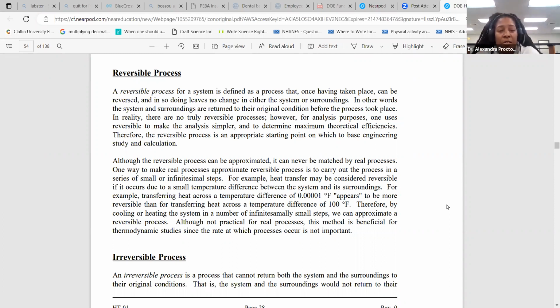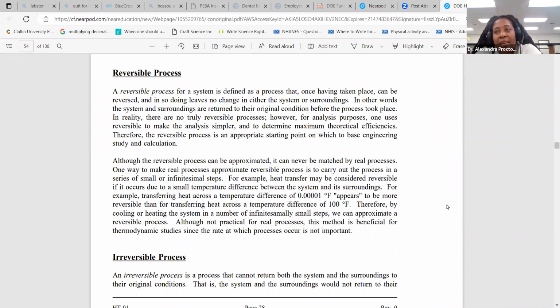So although a reversible process can be approximated, it can never be matched by a real process. One way to make real processes approximate what a reversible process is, is to carry the process out in a series of small infinitesimal steps.